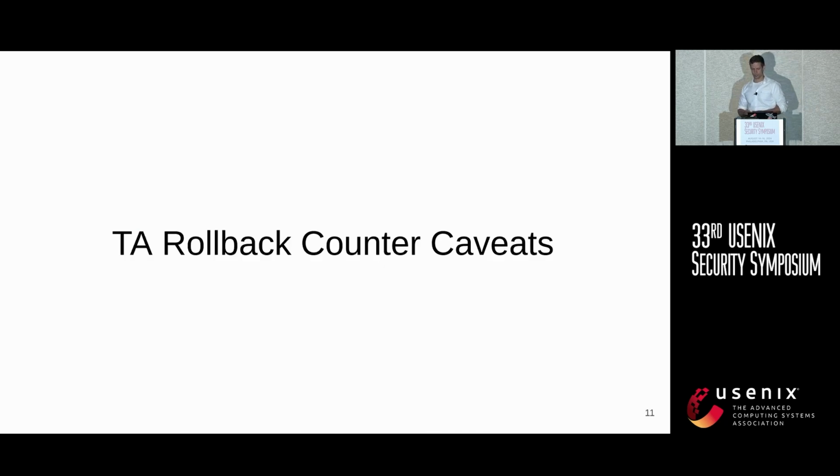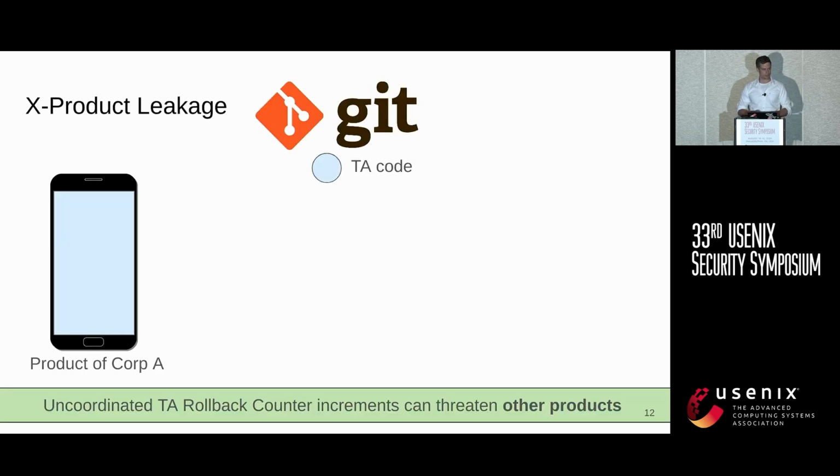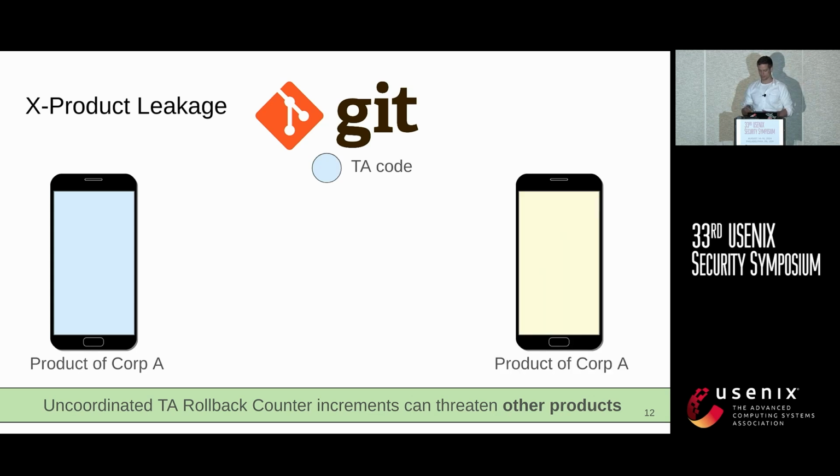Now, I want to talk about some of the caveats and some more insights that we had studying this field. We stumbled upon this phenomenon called cross-product leakage. Imagine the following scenario. We have a product of a corporation, the blue phone on the left here, and this yellow phone on the right. And as it is in large corporations, if you're very product-centric, the development of code tends to be decentralized.